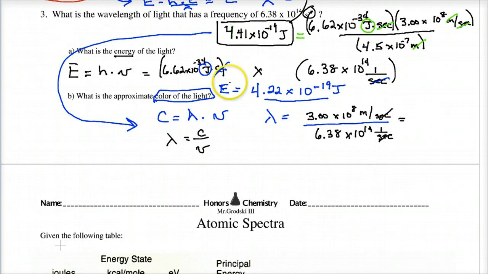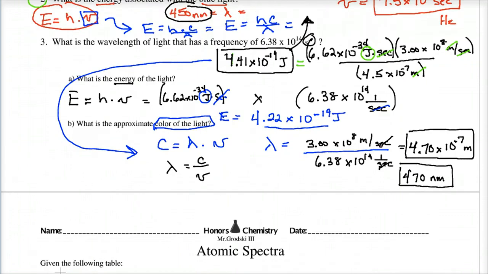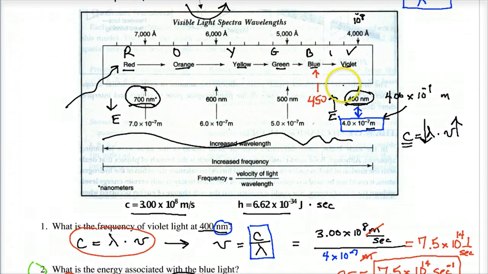All right, and I get a magical, probably not magical, 4.70 times 10 to the negative 7, and it's meters, or 470 nanometers, converting it to nanometers. So let's go back up. 470 nanometers, we are somewhere between green and blue.